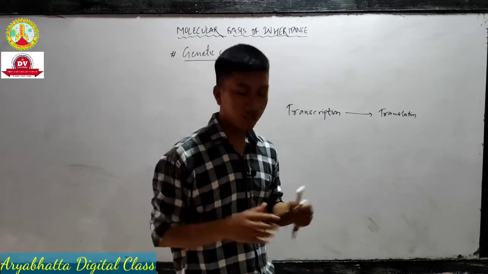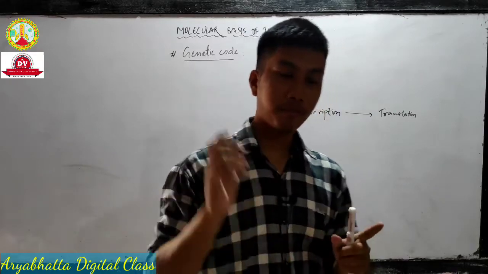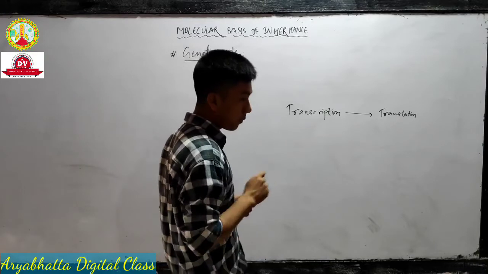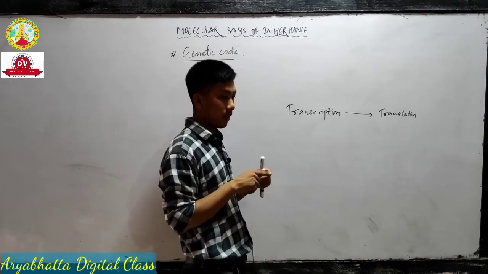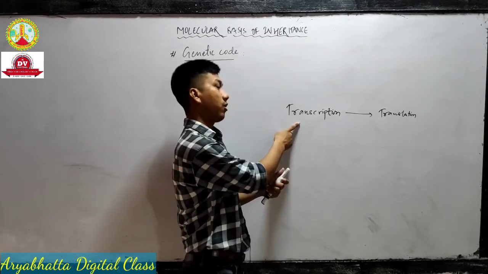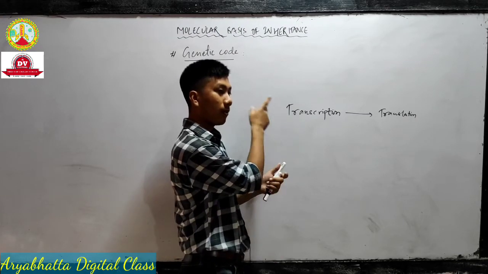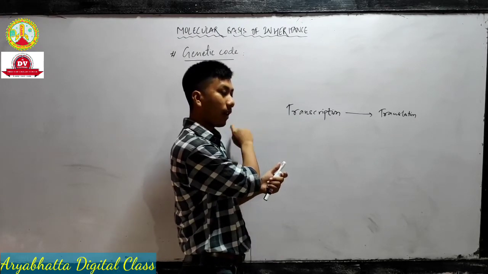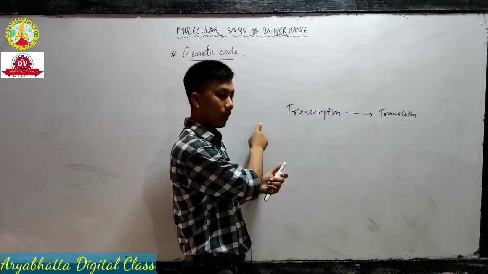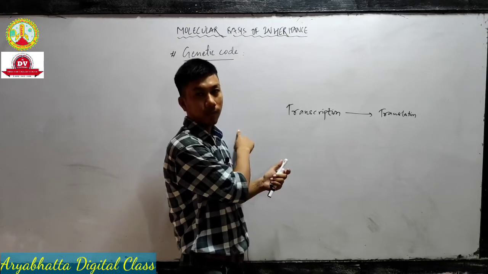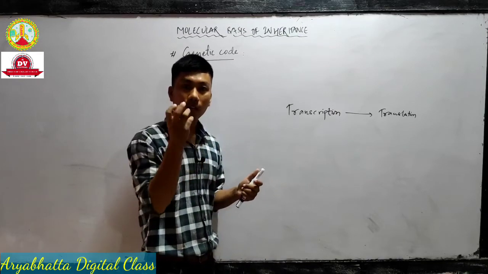So from the DNA strand, now protein will form. For the formation of protein, the cell has to undergo the transcription process. That means from the DNA strand, mRNA will form. DNA will give information and the mRNA will carry that information.